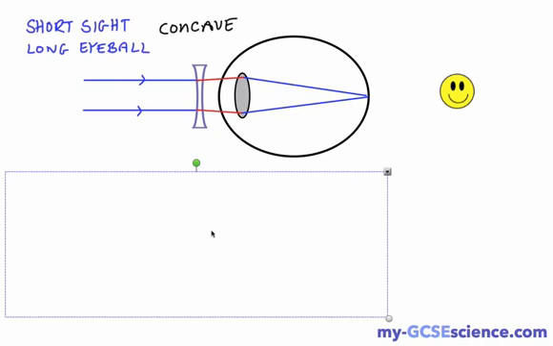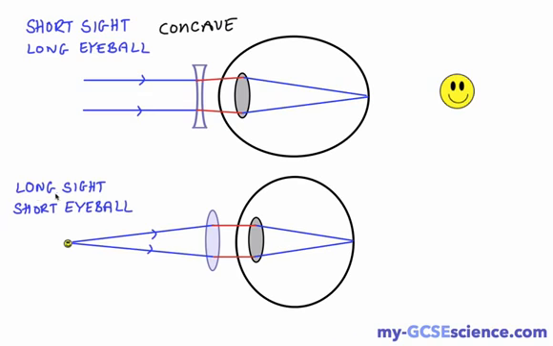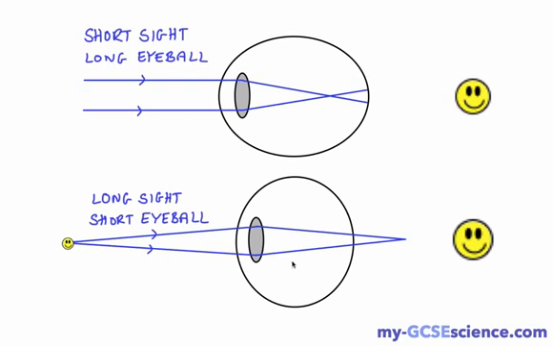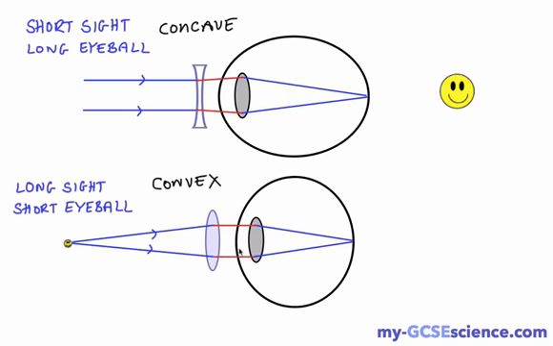With long sight, we don't use a concave lens, we use a convex lens. So use a convex lens, and that will then, rather than cause the image to be focused behind the retina, cause it to be focused exactly the right place, just by helping the eye lens, along with bringing the light rays closer together.